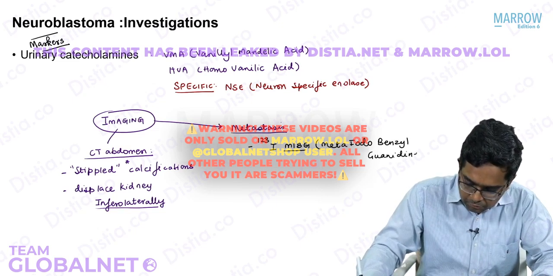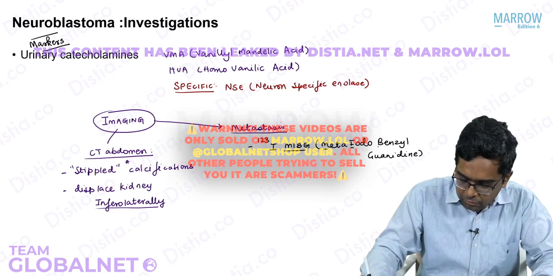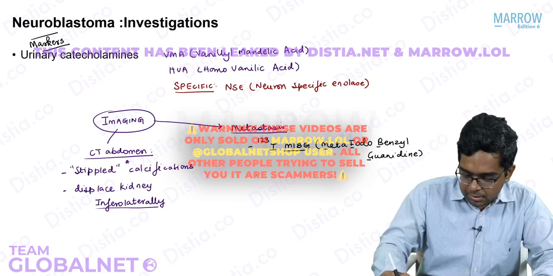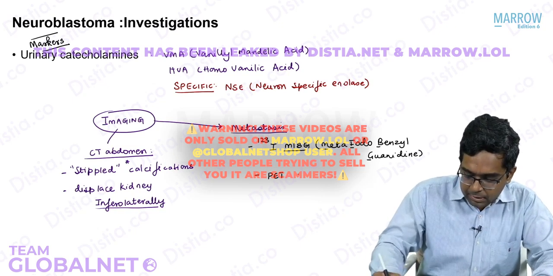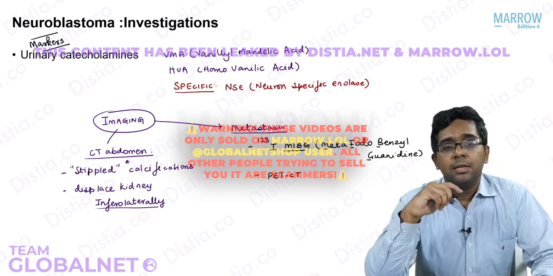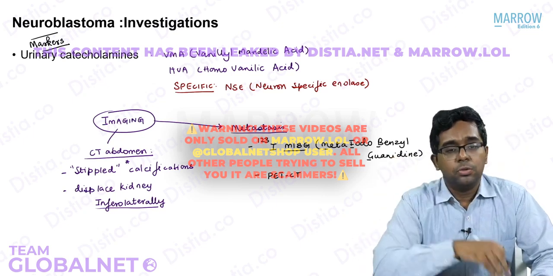That is the expansion for MIBG, which is very useful for detecting the metastasis. Another useful investigation for detecting metastasis is the PET-CT scanning. Okay, these are the usual investigation which you have to do in a patient with neuroblastoma.